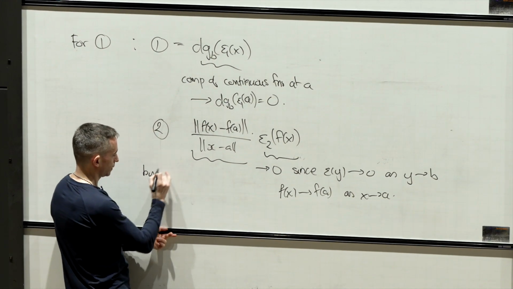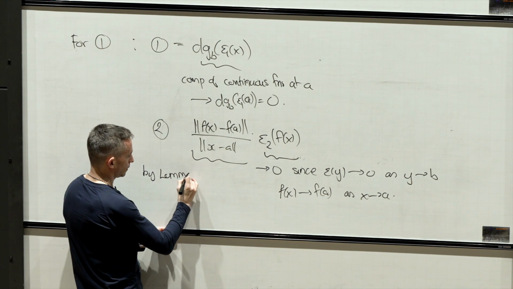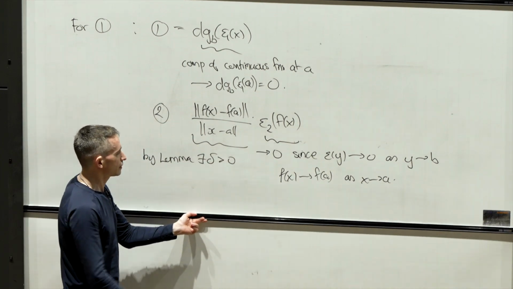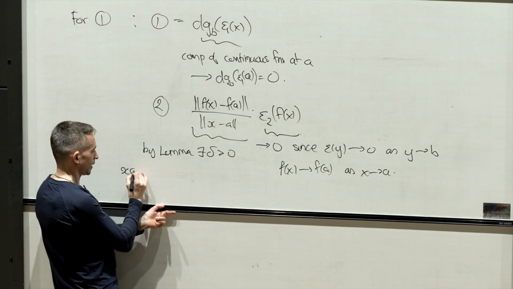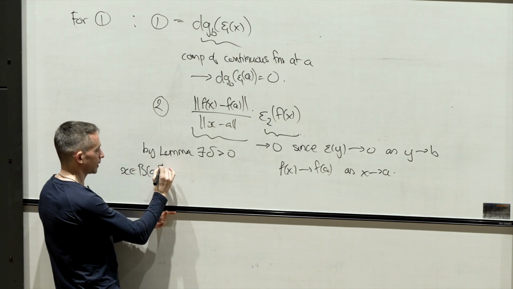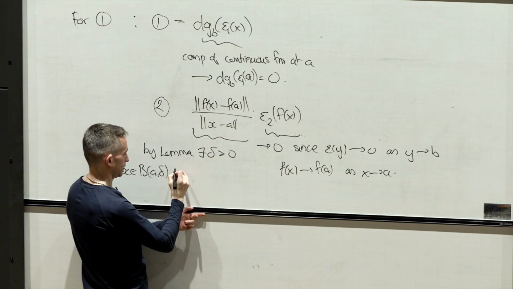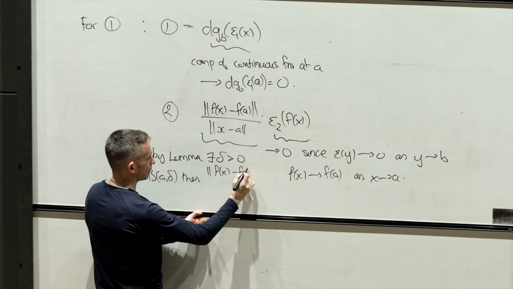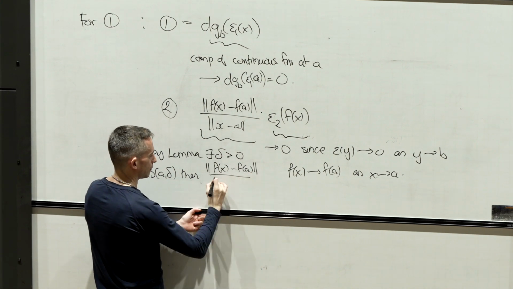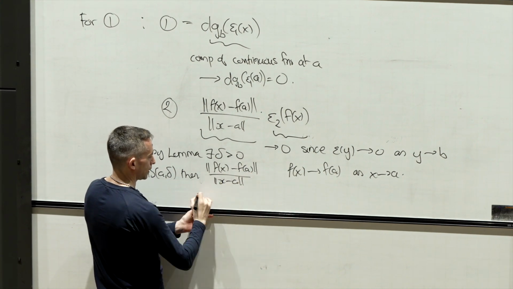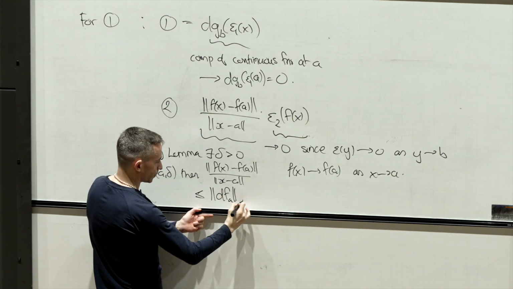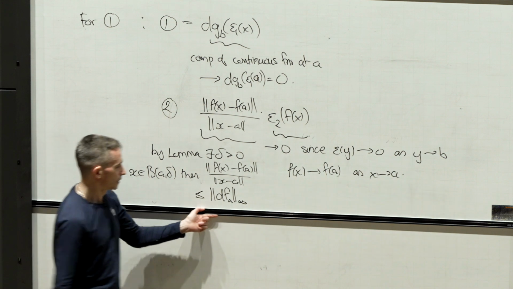so by the lemma, there's a delta greater than 0, such that if x is within delta of a, then this thing is bounded by the operator norm of the derivative of f at a plus 1, let's say.